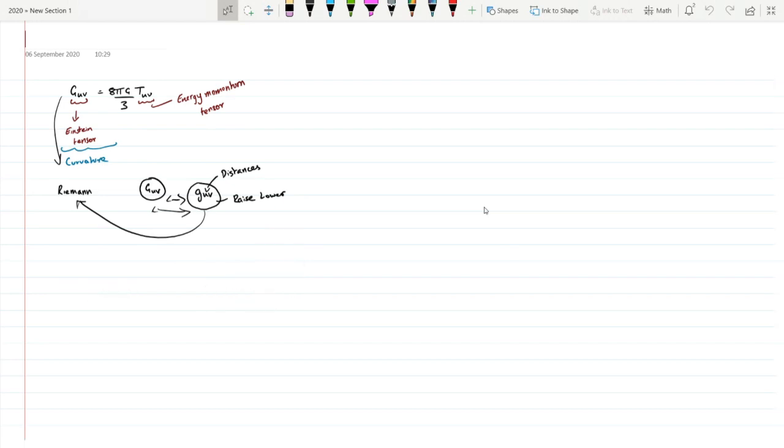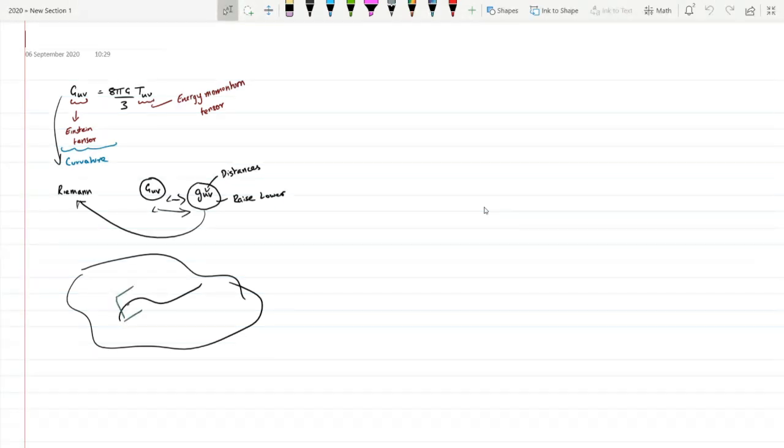Okay, so what I wanted to talk to you about today was that if you have a manifold, at any point you have a tangent space, and at another point you have another tangent space. So the problem is that any vector that's here does not live in the other tangent space.